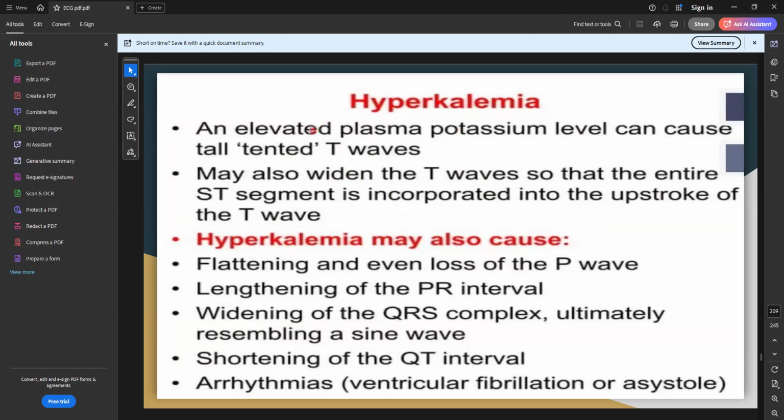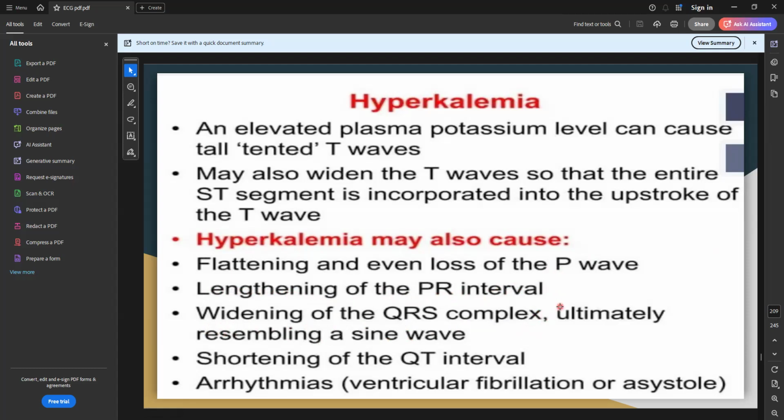Along with the tented tall T waves, in hyperkalemia you may also see flattening or even loss of the P wave, along with lengthening of the PR interval and widening of the QRS complex.